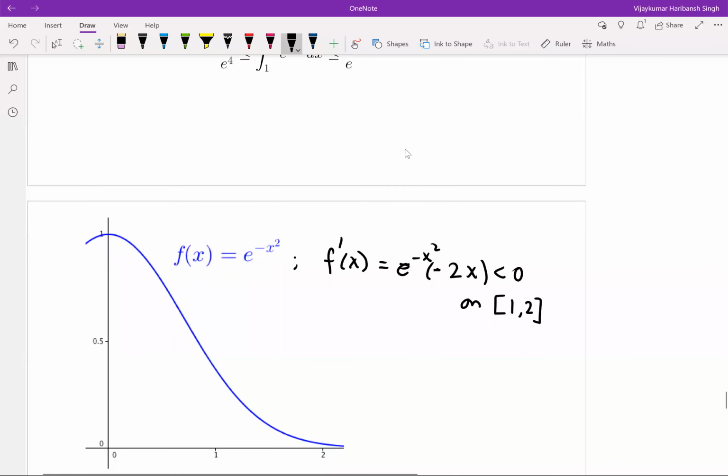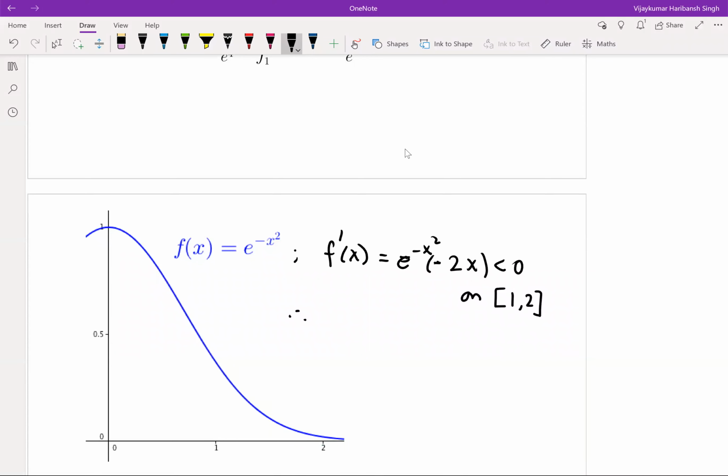So that means the function is decreasing. Therefore, f is decreasing. Now, if you take a decreasing function, the largest value of the function is at the initial point of the interval. So this means f of 1 is the largest value, and the smallest value happens to be at f of 2.